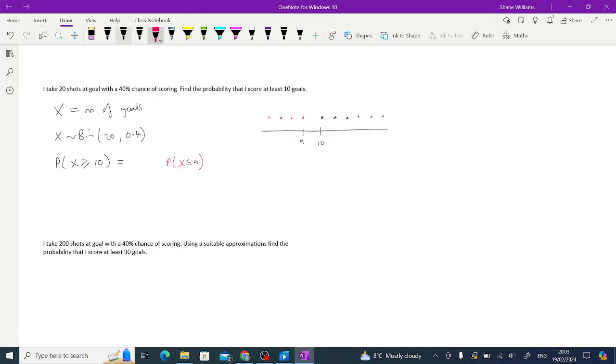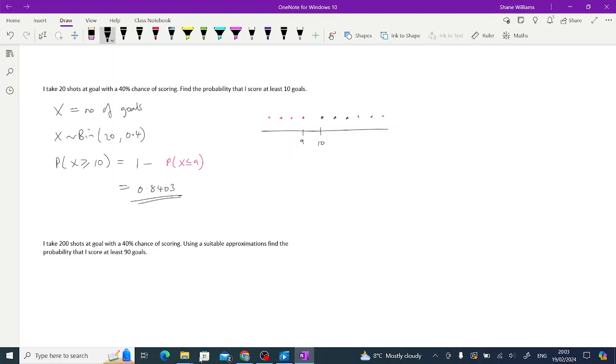And the two scenarios, their probability should add up to 1. So probability that x is greater than or equal to 10 is 1 minus the probability that x is less than or equal to 9, because in a discrete distribution there is no such thing as 9.3 goals. And I looked this up on my calculator and I find the final answer to be 0.8403.